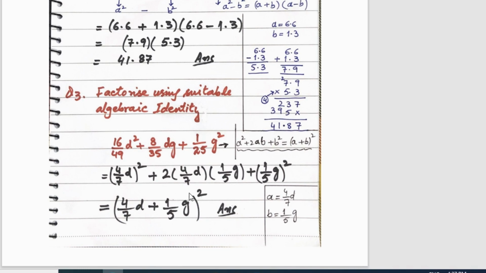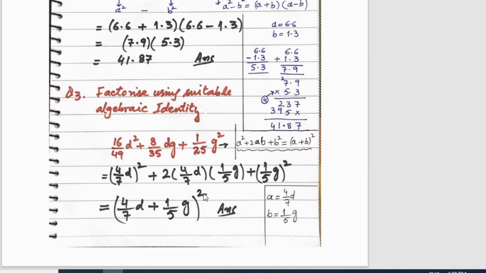Remember, whenever a whole square or whole cube or whole raised to power 4 or 5 or 7, whatever, is written on the brackets and something is written inside, it means this expression is in the factors form. And how many factors are there? When the power is 2, two factors of this type are present.